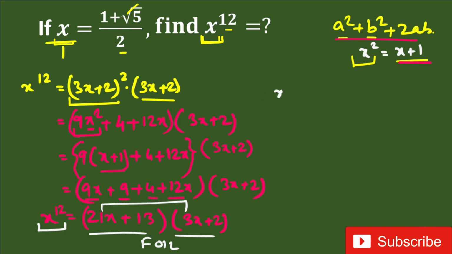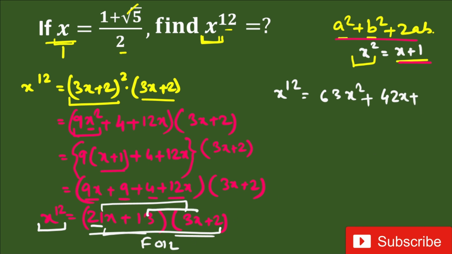So here it is x raised to the power 12, and 21 times 3 is 63x square, plus, now the O means outside, so 21 multiplied by 2, 21 2s are 42x, so it is 42x plus, and now the I means inside, here 13 multiplied by 3, it is 39x. L means last, 13 and 2, 13 2s are 26, so it is 26.